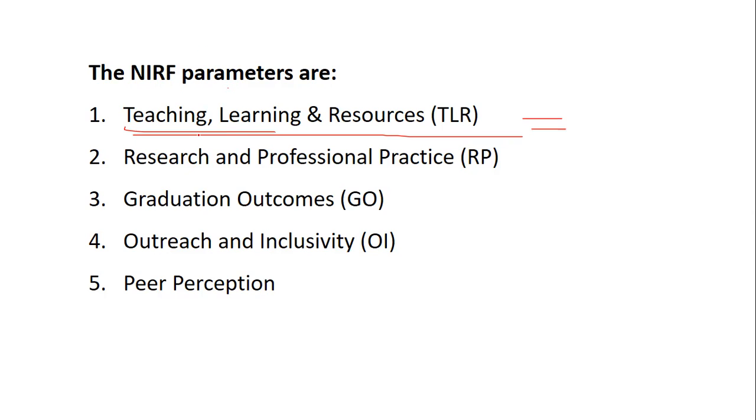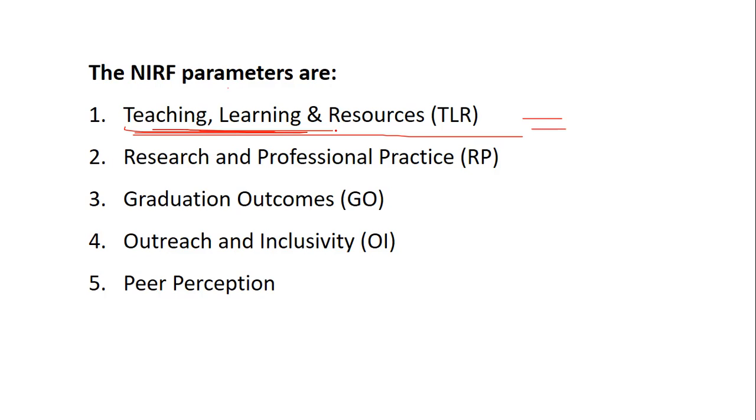Faculty student ratio. So under teaching, learning, what will come is the student strength. The doctorate students also are included. Faculty student ratio, which is very, very important. Then the metrics for faculty. Now it is teaching, so obviously it has to follow the important aim of higher education, that is quality teaching.